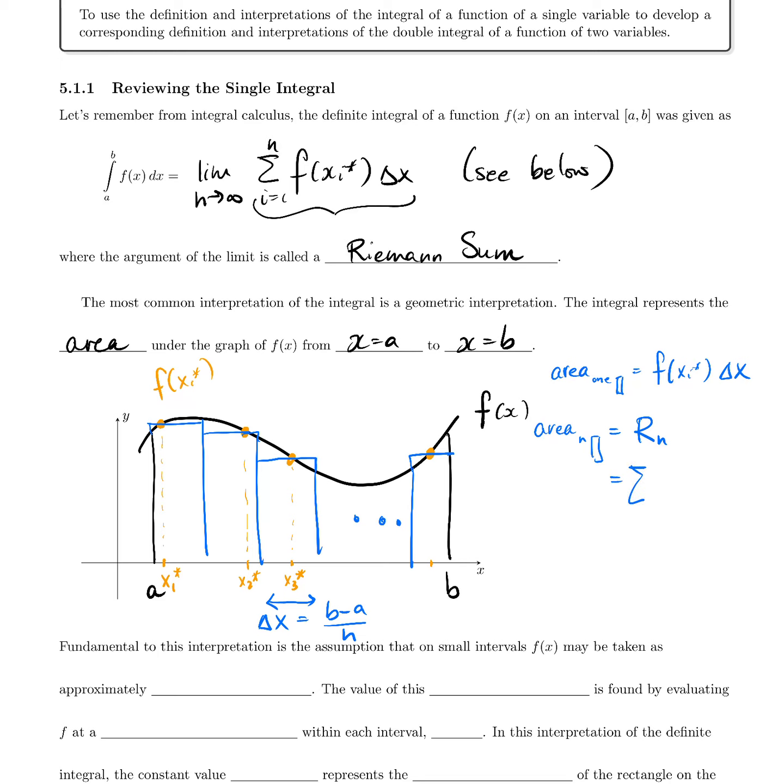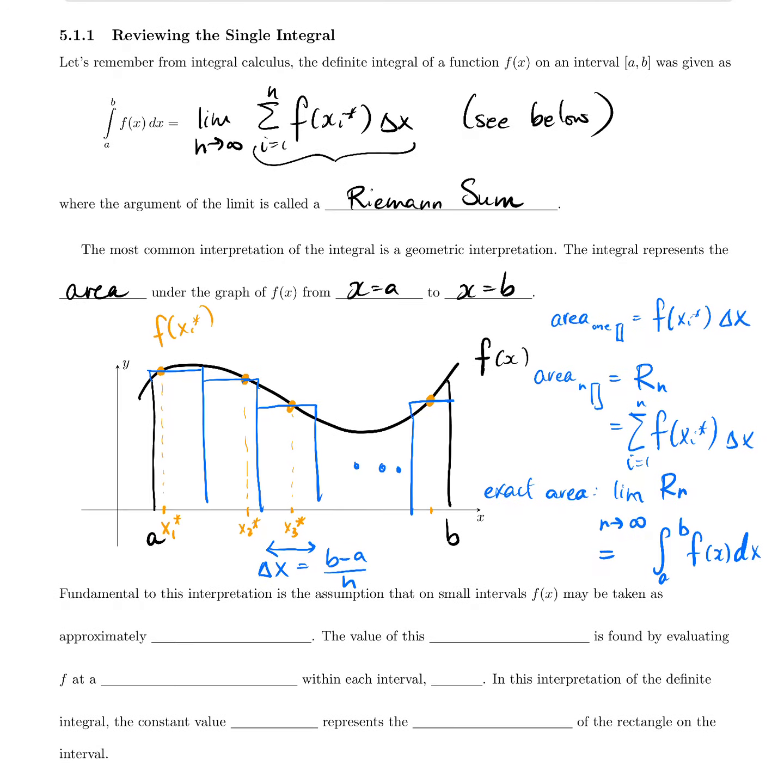That is the sum from i equals 1 to n of f of xi star times delta x, and then the exact area is when you let n, the number of rectangles, go to infinity: the limit as n goes to infinity of Rn. And that is actually where the definition of the definite integral came from.